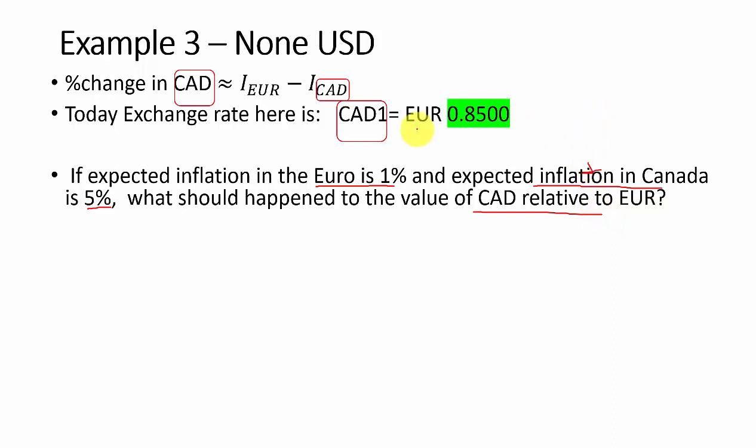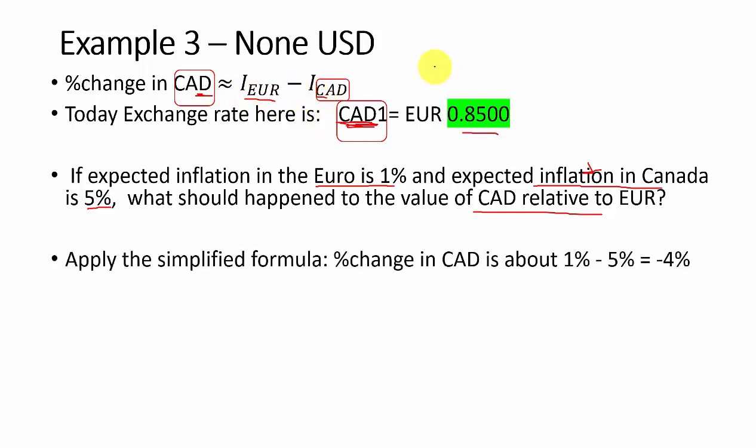The exchange rate we want to look at is 1 Canadian dollar in terms of euro, so you have to be careful about the position of the currency. If you want to apply purchasing power parity, the change in the currency rate quoted, Canadian dollar here, is approximately equal to the other currency's inflation minus inflation in Canada.